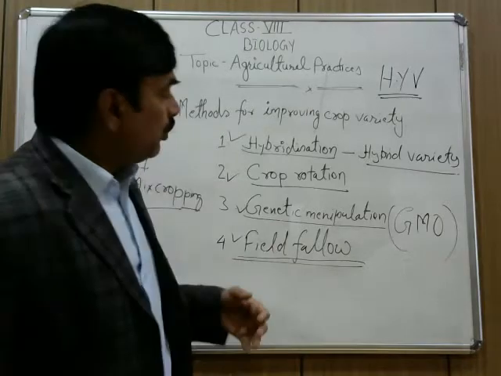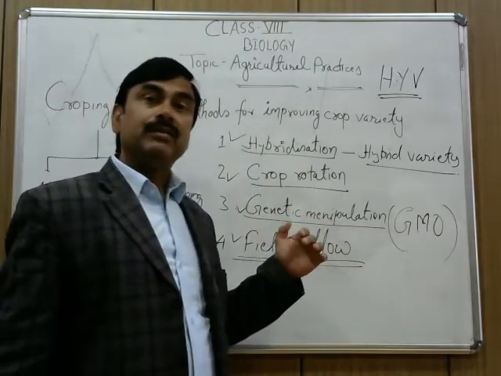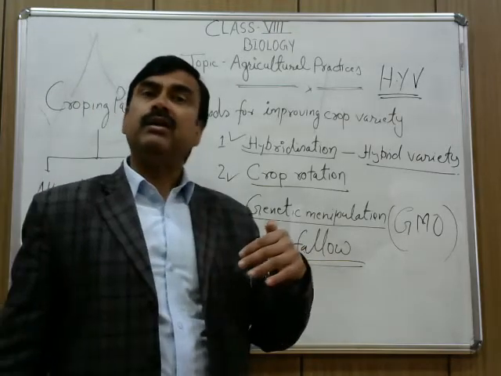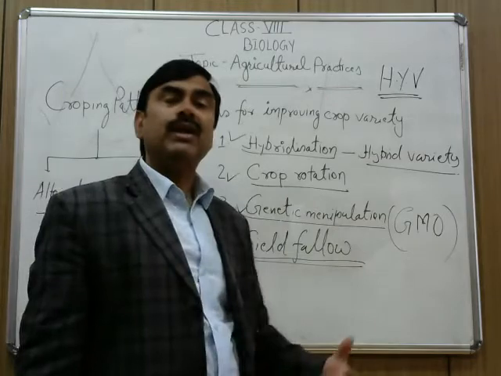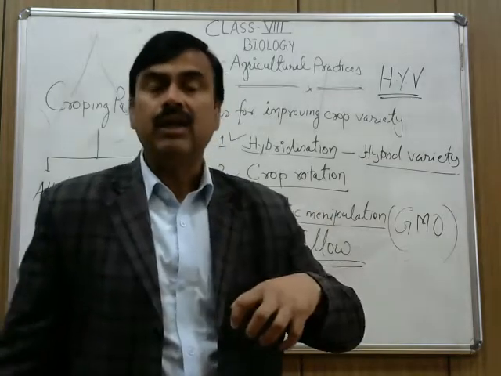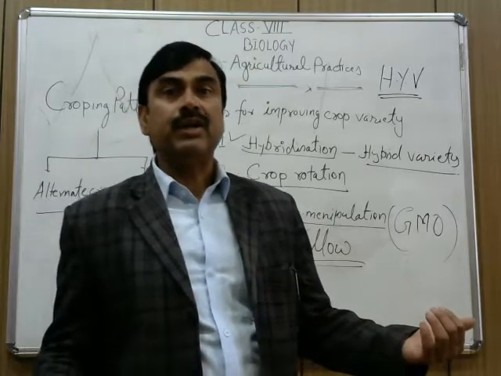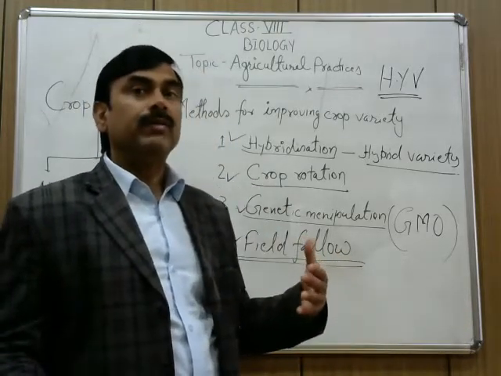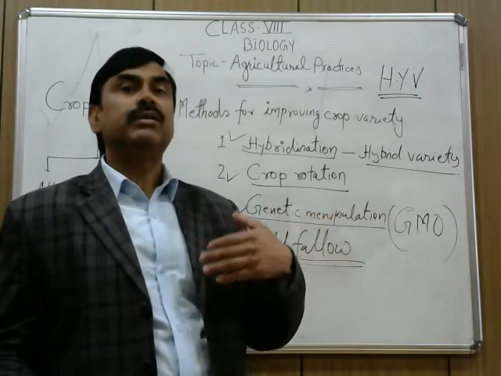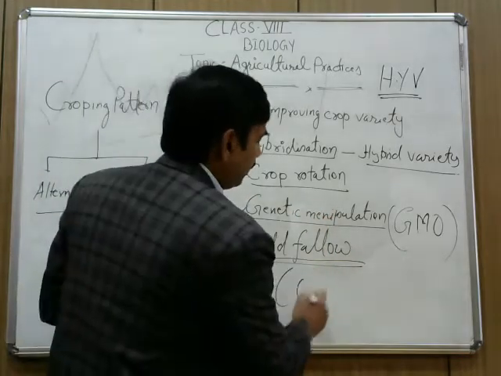So for more production, we adopt this method: we will not grow any crop in that field for 1 year. The soil will rejuvenate, get nutrients, and become more fertile for the next year's crop. So field fallow means a 1 year gap.